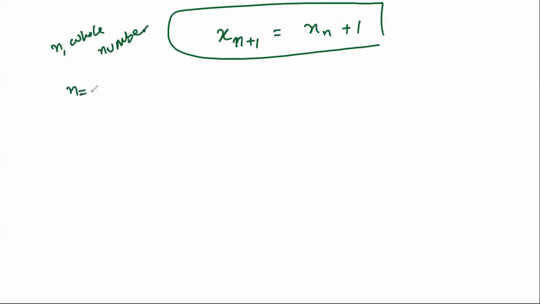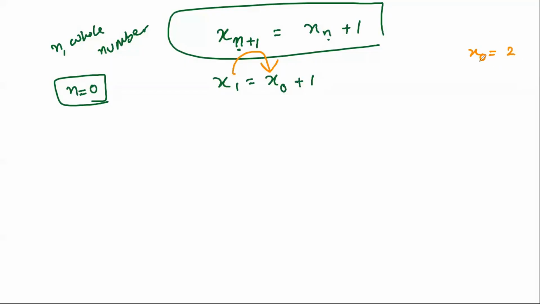So if I put n equals 0, then 0 plus 1 is 1, which means the value of x1 is dependent upon x naught. In mostly all of the questions, you will have the value of x naught. It could be negative, positive, fraction, or any number.